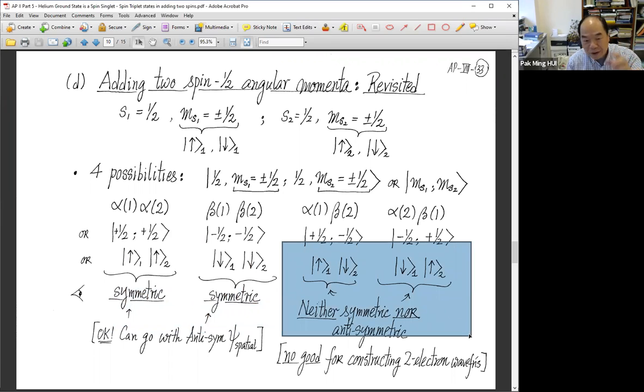If you have 2 things, you linearly combine them, you only get 2 things out, right? But we already got 1 with the minus sign. So the only other one is the plus sign. The plus combination will give us the S equals 1, MS equals 0 state. So suddenly, we also have the triplet states.